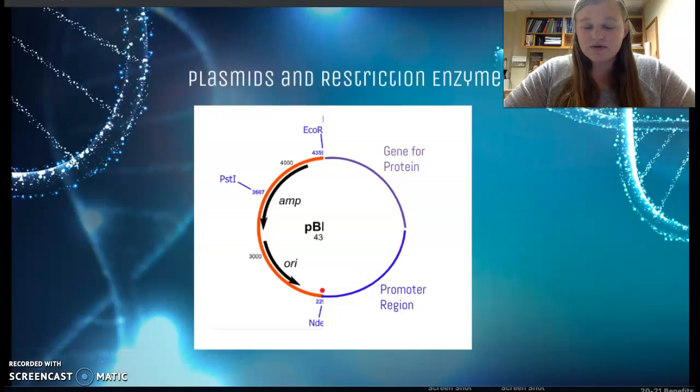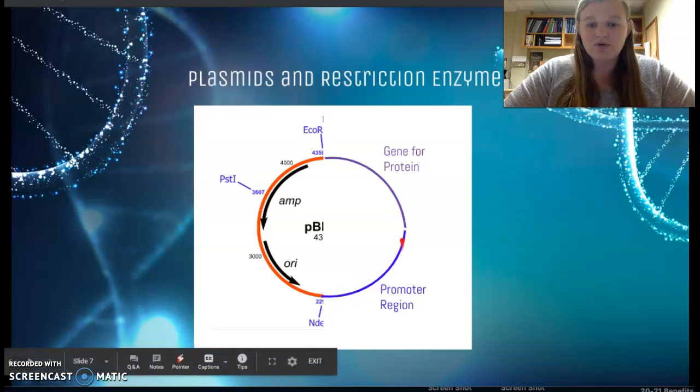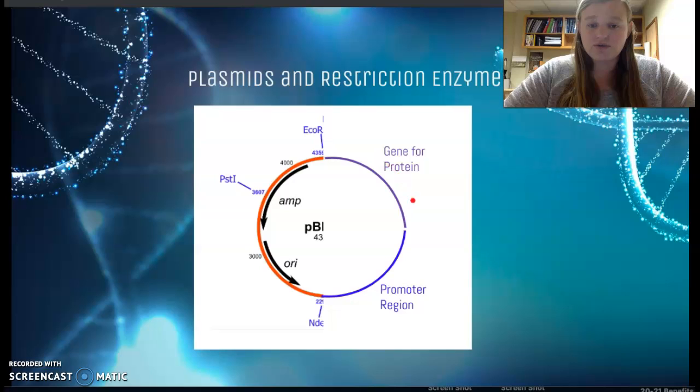We just talked about gene regulation. And so a promoter region would be where something would bind that would activate this gene. And so we put in a promoter region, and then a gene for a certain protein, and this would allow us to transcribe and then translate these genes into proteins.